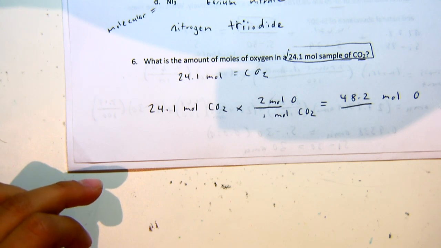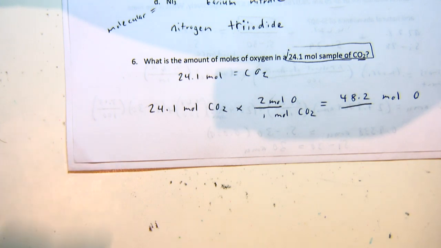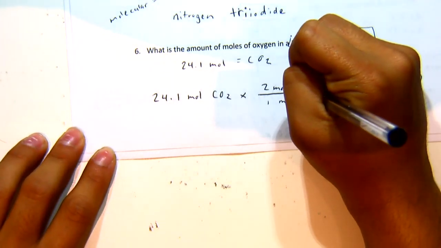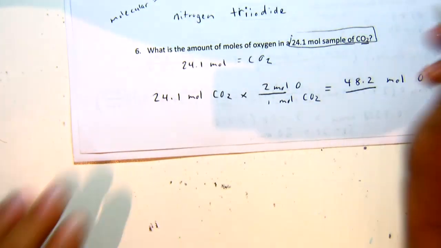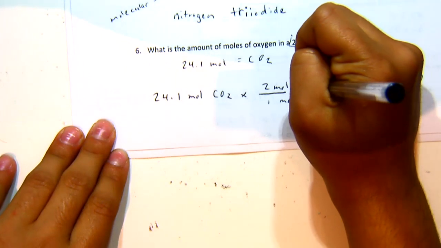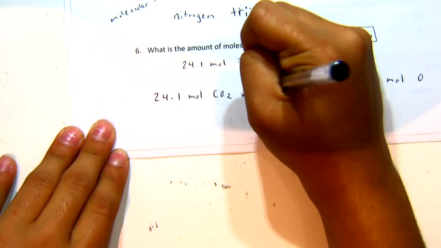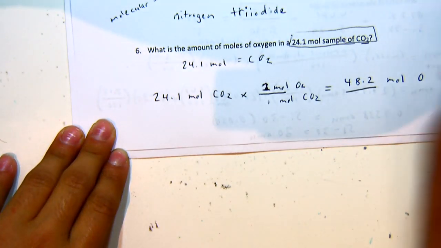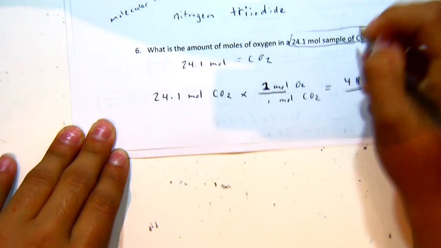Because oxygen is diatomic, I think you'd have to think of this as like 1 mole so that you'd get the equal ratio.